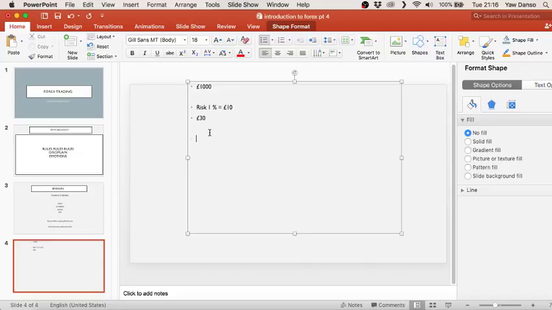If I take 10 trades and I lose 7, that's a total of £70. And if I win 3, that's a total of £90. When I add these two, I end up with £20 profit.